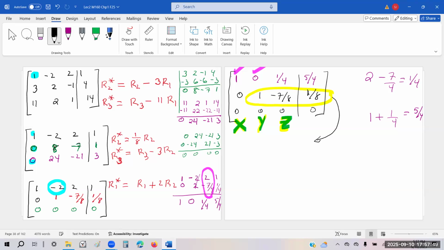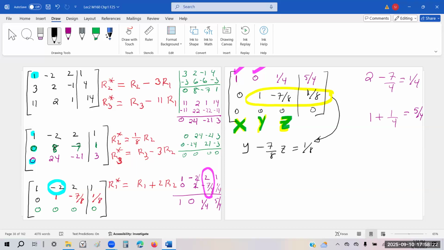So in the second row, what information do we have? What is given to us here? 1y minus 7/8 z equals 1/8. So we write the equation out. y minus 7/8 z equals 1/8.